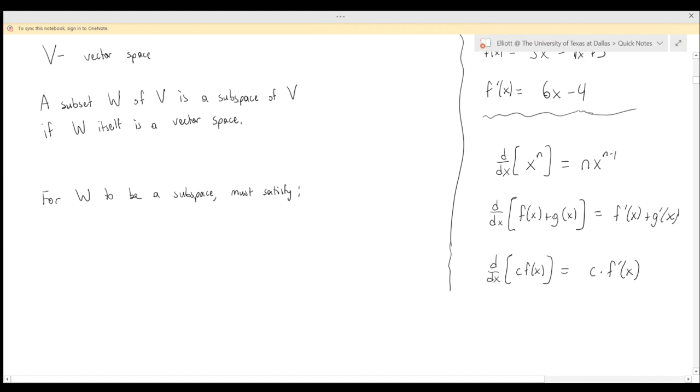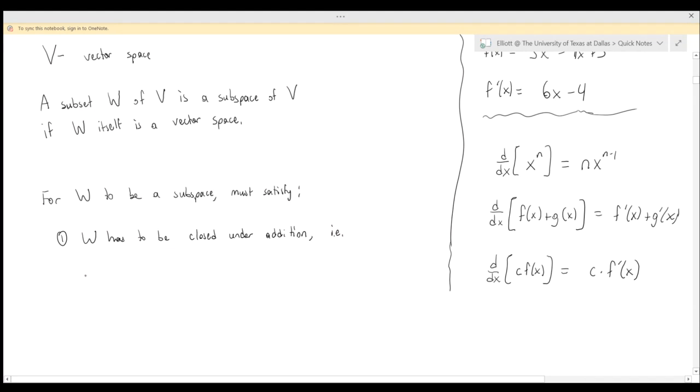Okay. So the first condition that W needs to satisfy in order to be a subspace is that it has to be closed under addition. All right, so let's talk about what that means to be closed under addition.